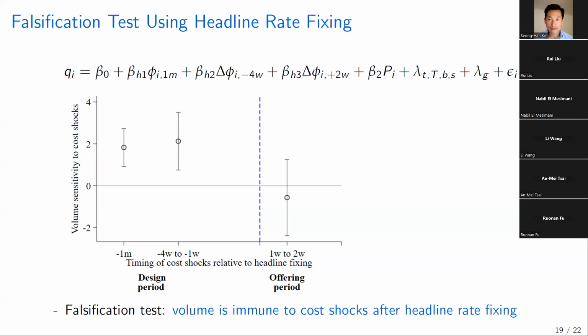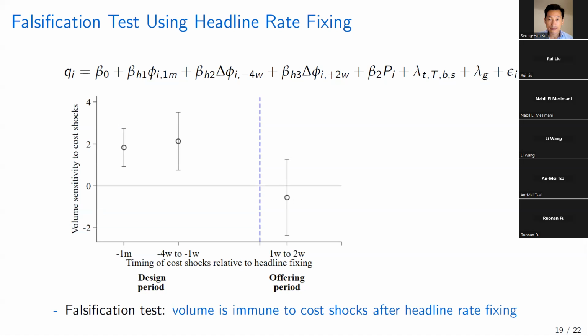I find that demand is sensitive only to the changes that occurred during the period when they also translate into higher headline rates. This is consistent with my mechanism: variation in implied volatility affects demand only when it also affects headline rates, but not otherwise.